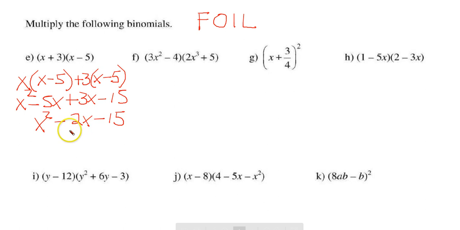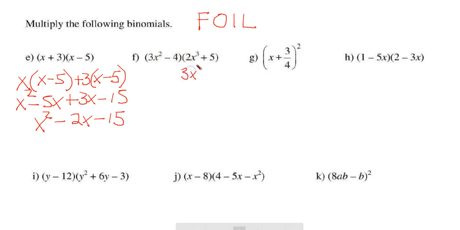Now another method that we're going to suggest too, you could do all of these this way, but another method would be to set it up vertically, which they'll ask us to do shortly, but I like to do it a lot. So let's do this one.